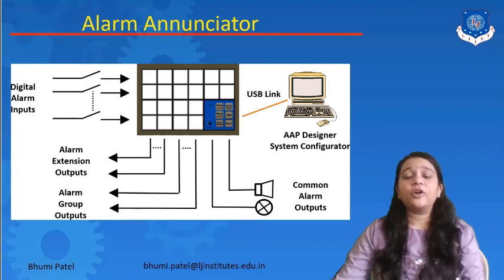Now for the connection of the alarm annunciator, there are two types of connection for each annunciation system: the input fault contact and the output relay changeover contact. The input fault contacts are normally open with respect to the common contact, and usually these input fault contacts are potential free contacts.